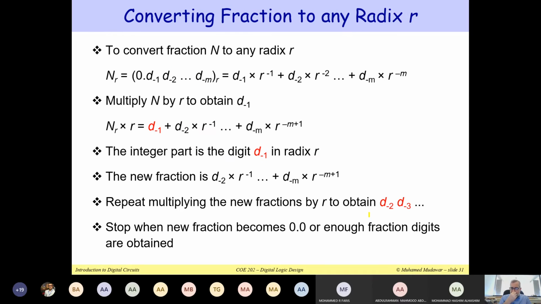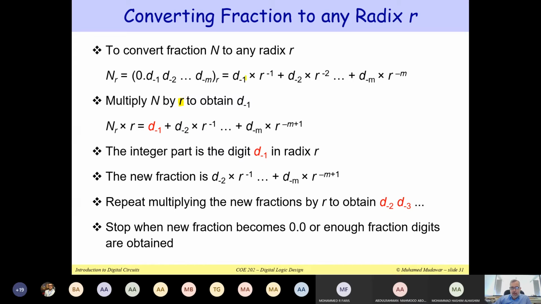But if you would like to convert it to radix R, you have to discover d minus 1, d minus 2, all the way to d minus m, in radix R. So rather than multiplying n by 2, we multiply it by R. R is the radix. We multiply n by R, and we continue here.